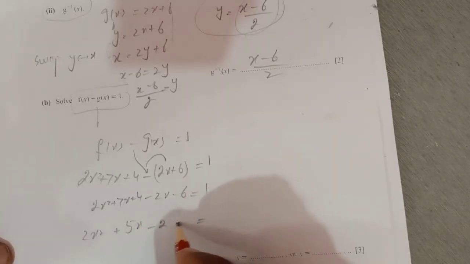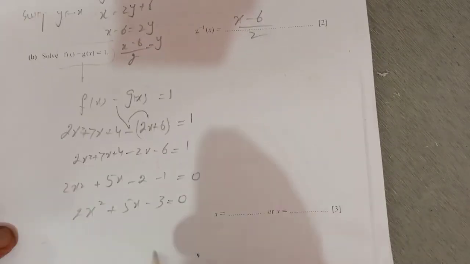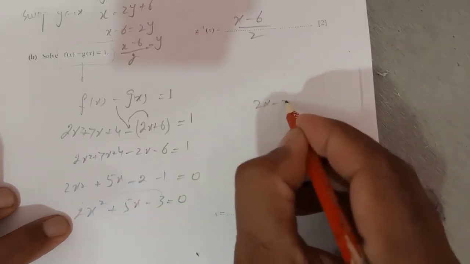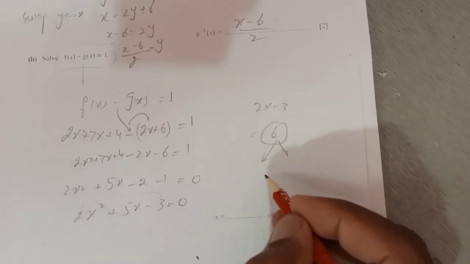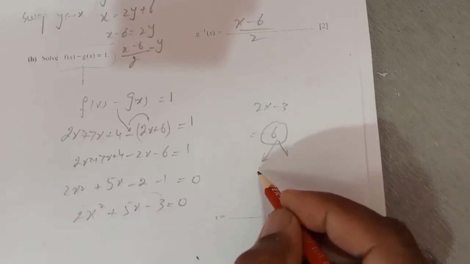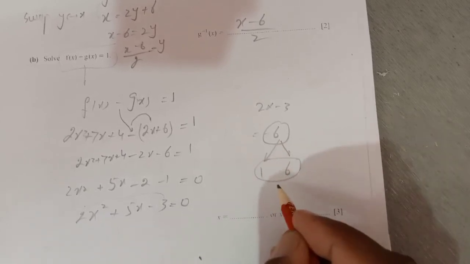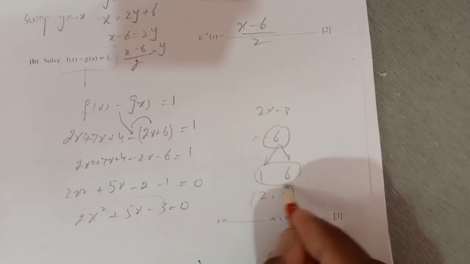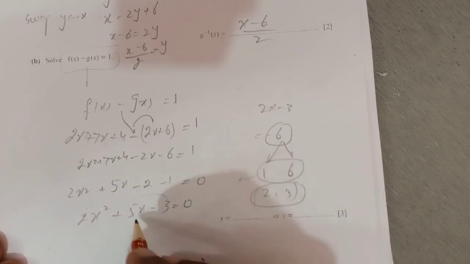I shift this minus 1 to this side. Now do factorization. I first multiply 2 by minus 3, it becomes minus 6. Now I find the factors of 6 which will give you 5 on subtraction. If I take this pair 1 and 6, when we subtract 1 from 6, I will get 5.